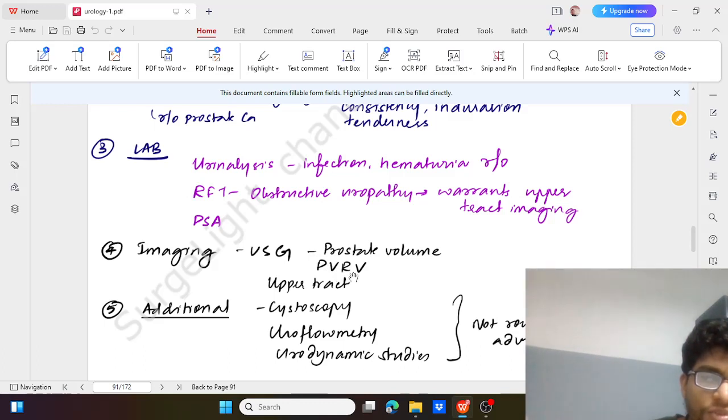And lastly, the prostate size, the echotexture of the prostate, whether there is any distortion of architecture or capsular breach that can possibly be seen on imaging, though it is operator dependent.